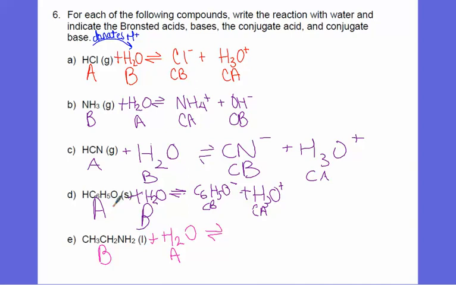But I'm going to write it correctly because I care. So we would have CH3, CH2, NH3 plus, and OH minus. This first product is my conjugate acid, and my second product is the conjugate base. Cool? Do we feel confident with that?